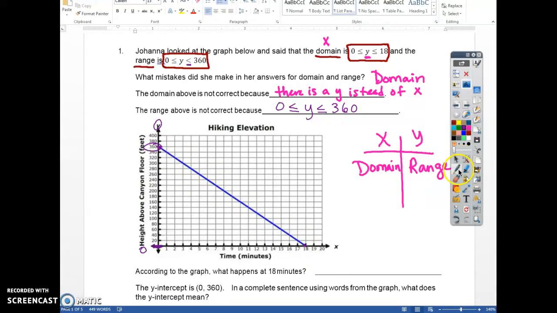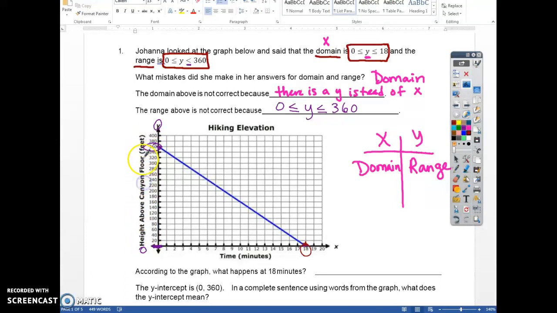It says, according to the graph, what happened at 18 minutes? So right here, 18 minutes, what happened? You have to read the titles. What happened at 18 minutes? 18 minutes, isn't that 0? 0 feet.